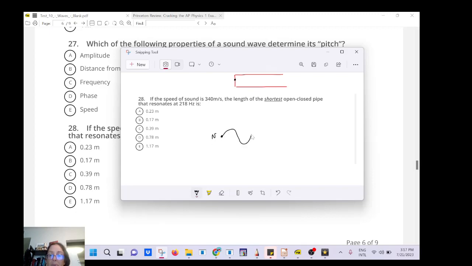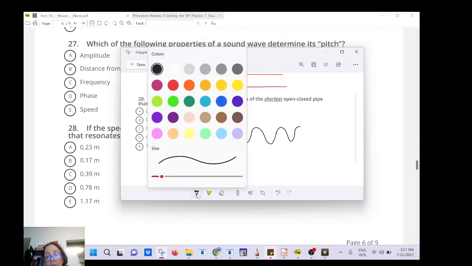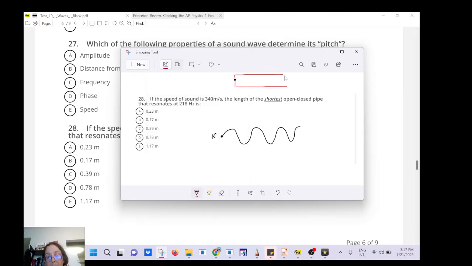Then it's going to go up and down and up and down. So the shortest pipe that you can fit is going to fit here. And then at the end, you have to be open, right? So that means that will be L. Okay, so that will be the shortest pipe.